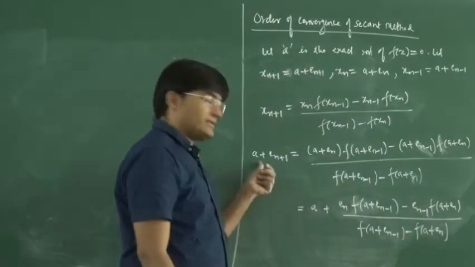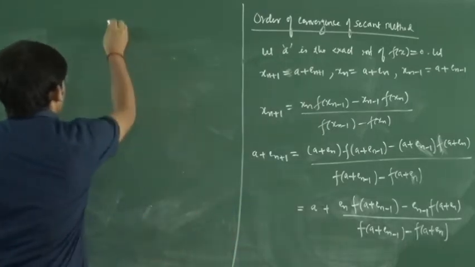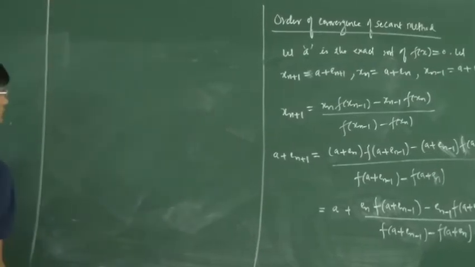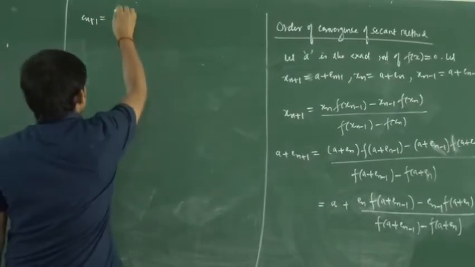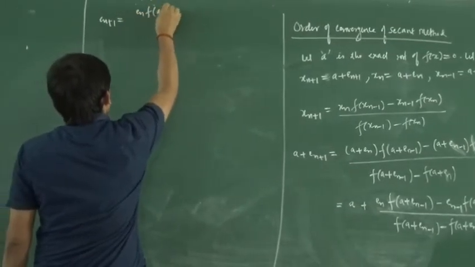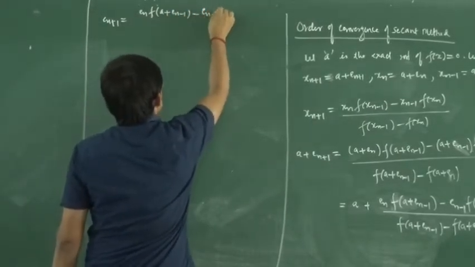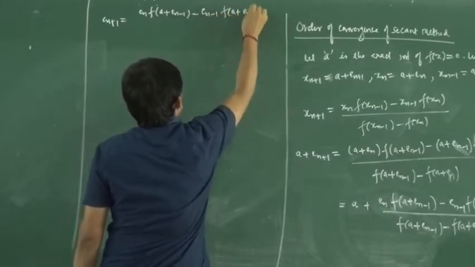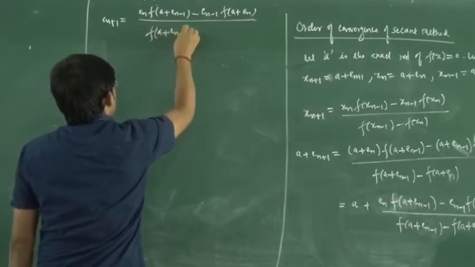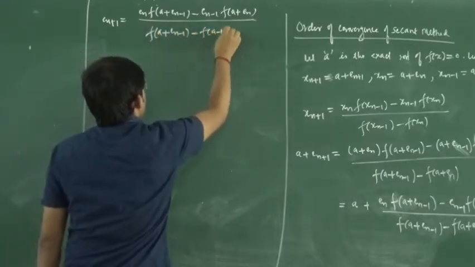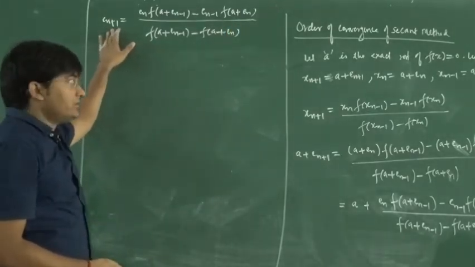Now this a will get cancelled with the left hand side, so we have e_{n+1} equal to e_n f(a plus e_{n-1}) minus e_{n-1} f(a plus e_n) divided by f(a plus e_{n-1}) minus f(a plus e_n). So this is our error at the (n+1)th iteration.